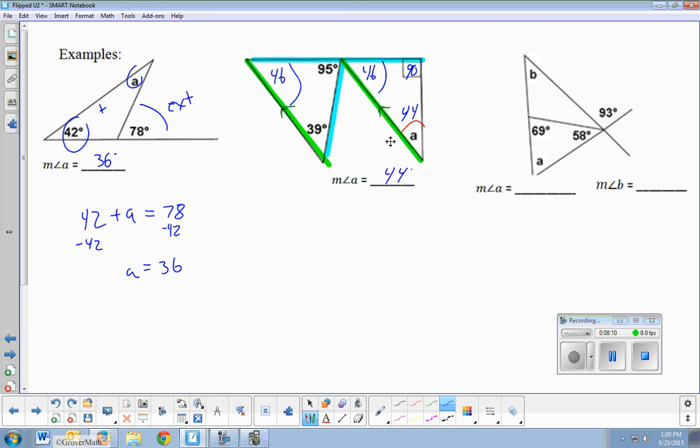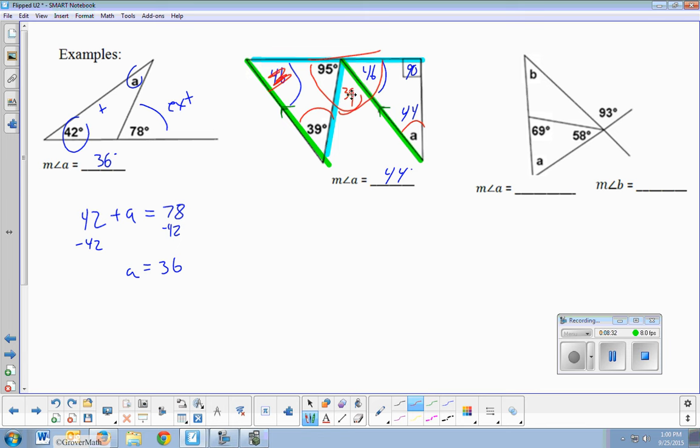Is that the only way to solve this question? No, it definitely is not. Could I have done something with alternate interior with this transversal, made this 39? Yeah, like say I didn't know the 46 here. I could have said these were alternate interior, that's 39, and then recognize that these three together have to add to 180 because they form a straight line.